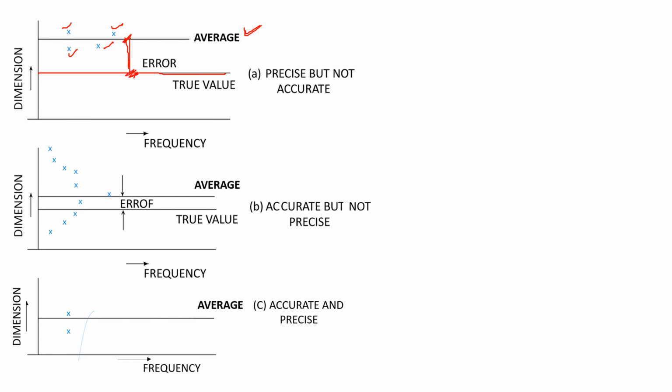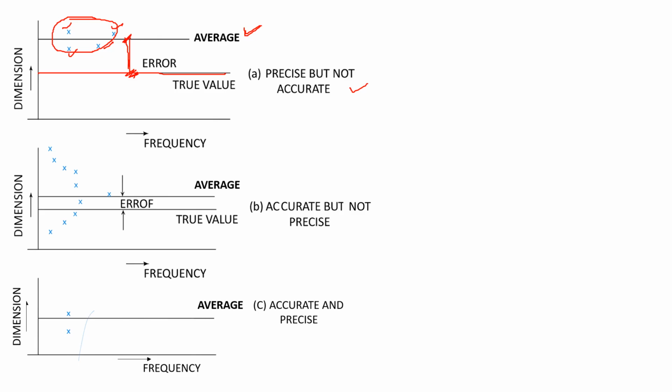By observing figure A, the average value is not close to the true value, so these measurements are not accurate. But moreover, in figure A all the measurements are very close to each other. So from figure A, we conclude that it is precise but not accurate.